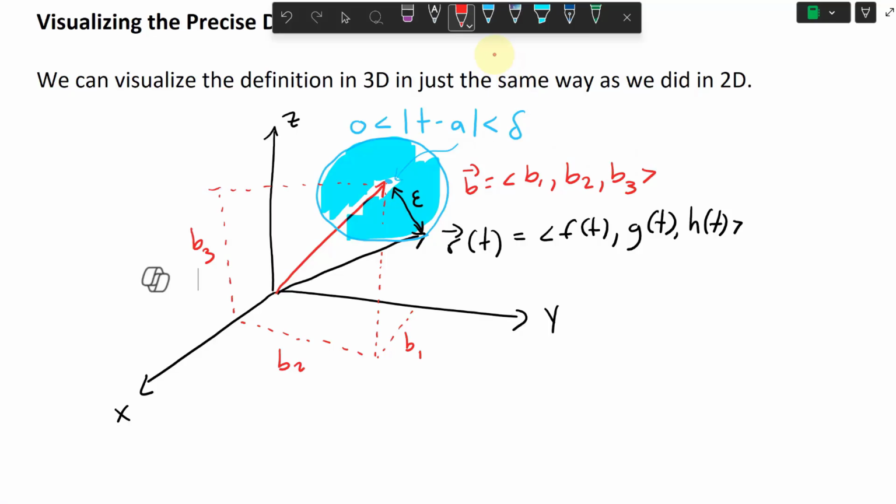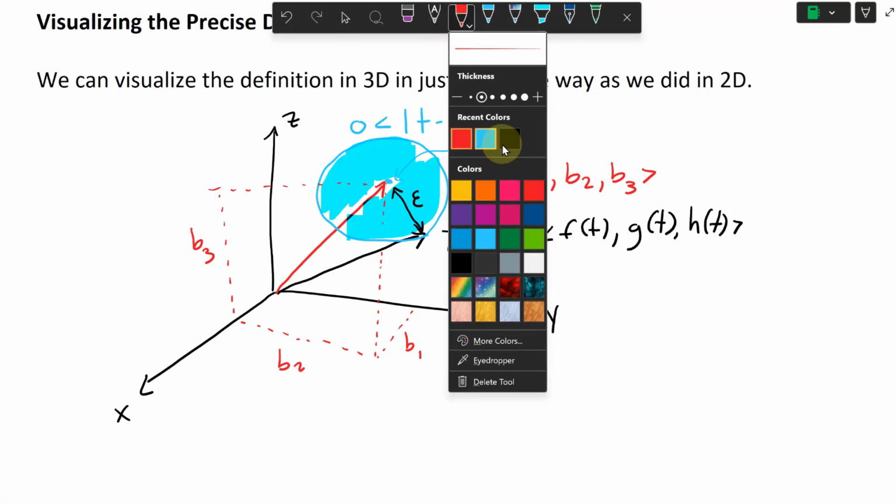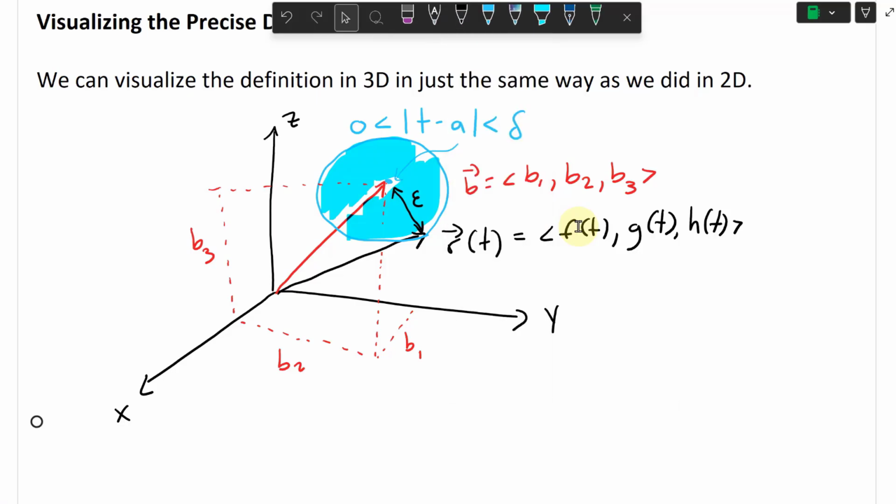Whereas this part right here at the bottom, I'll draw this in black. This is the R. Just draw it around like that, somewhere around like this. So this is the R, and then it has the G, F, G, and H. But what I'm interested in is over here.